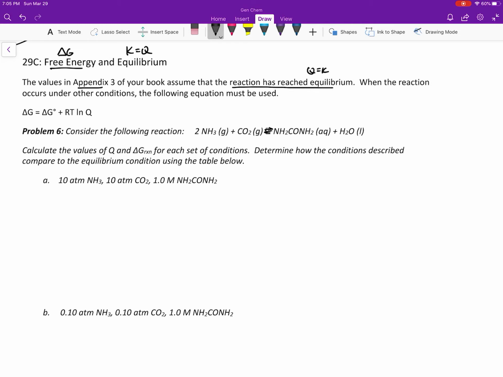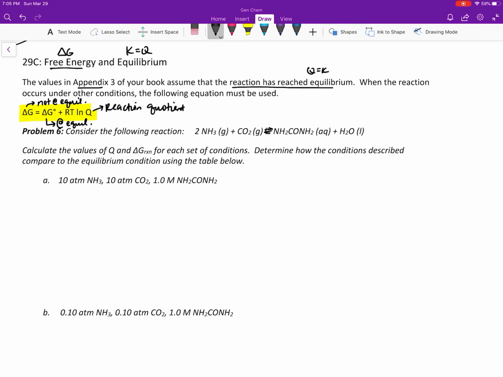However, when the reaction occurs at other conditions, we have to use this equation, which has the delta G that's not at equilibrium, the delta G naught that is at equilibrium, plus R times T times ln Q, which is the reaction quotient.